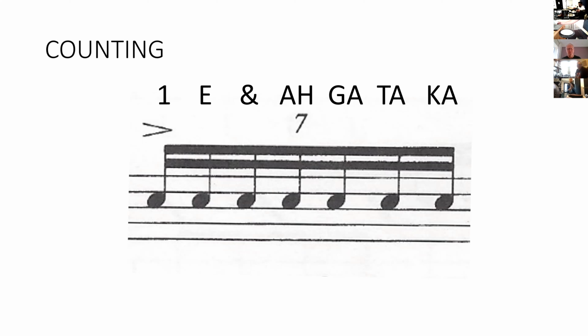It helps to keep them even, because they're such sharp, crisp sounds. Getaka. Especially the k, I would advise really accenting that one, to give that 7th note a bit of a push.